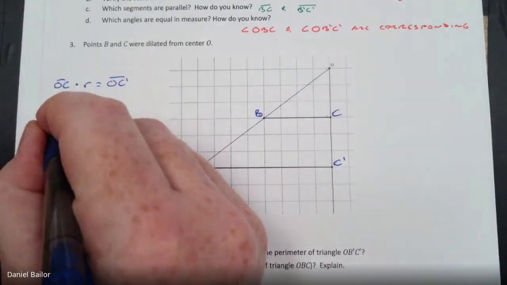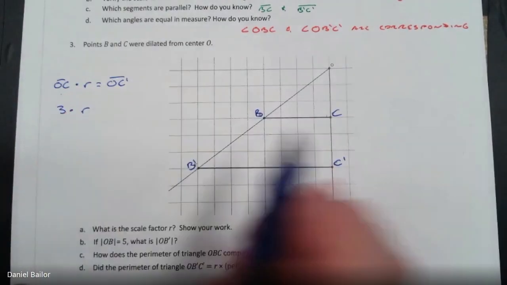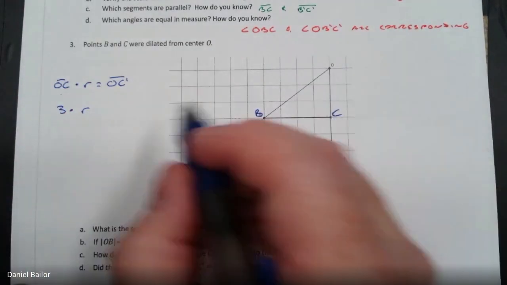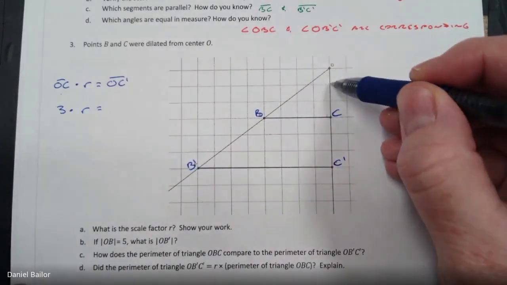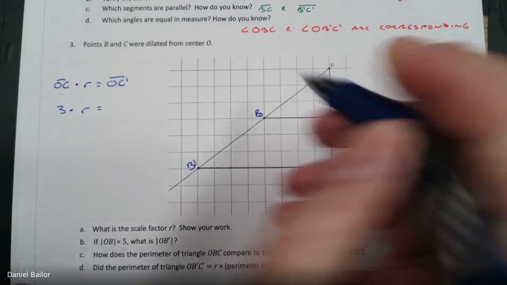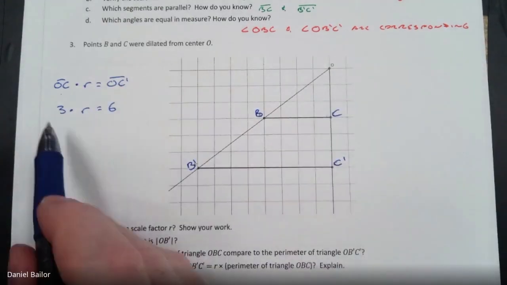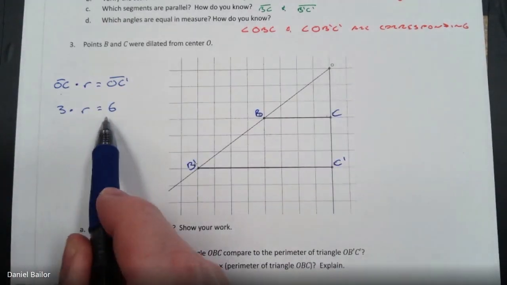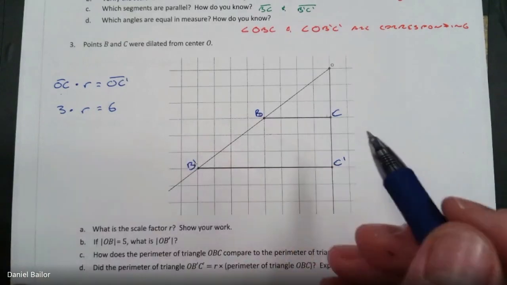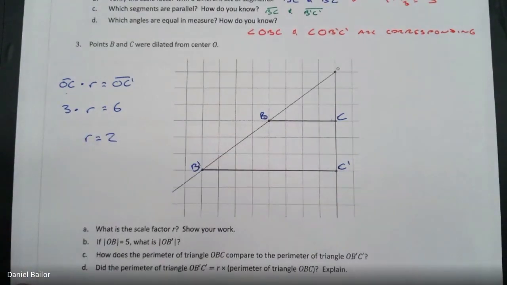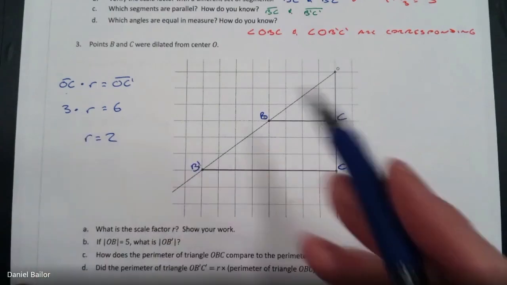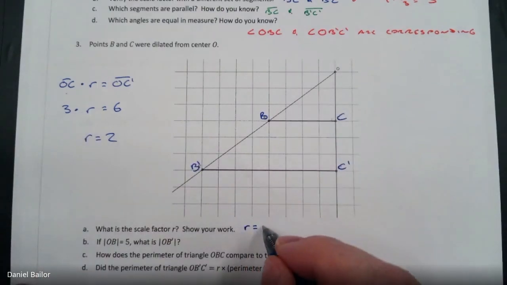So OC is 3. Scale factor we don't know yet. But what's OC prime? How many lines to get to C prime? 1, 2, 3, 4, 5, 6. So 3 times something makes 6. You should know this is mental math. R is going to be 2. The scale factor is 2, because 3 times 2 makes 6. R equals 2.